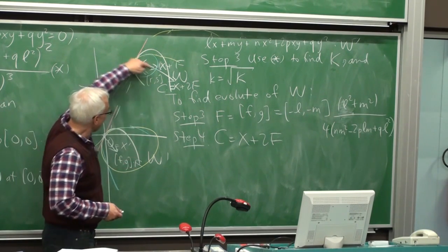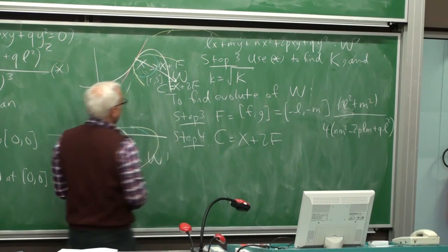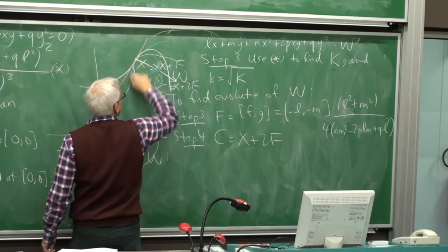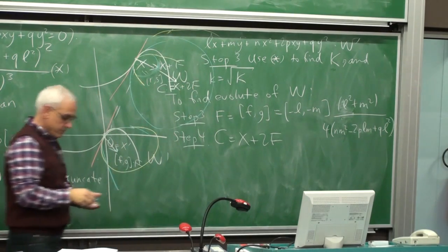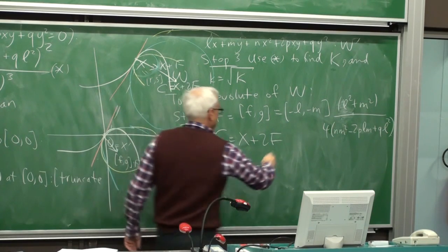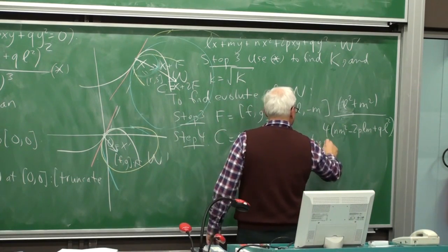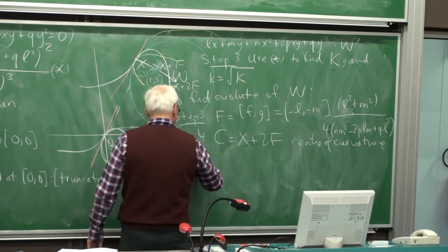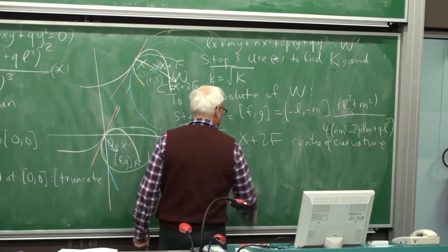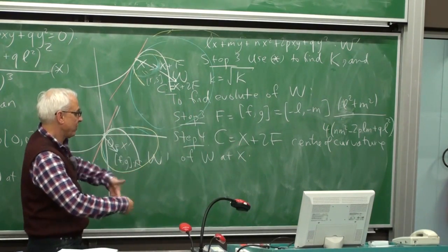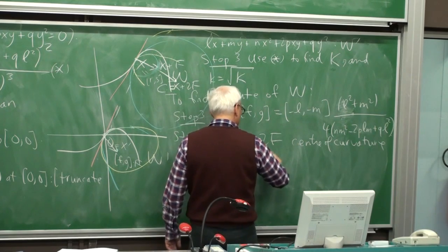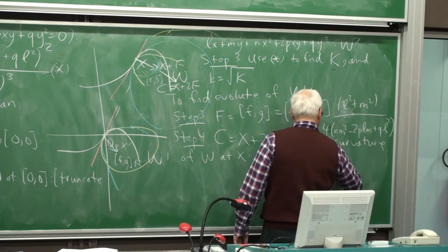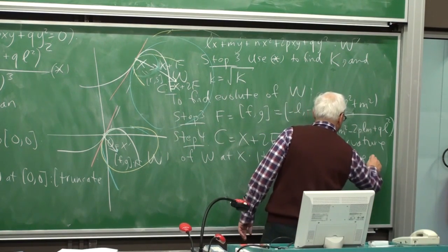So we should go twice as far to get to the actual center of curvature. The circle would be something like this, and that's the center of curvature of the original W at the point x. And its locus is the evolute of W.